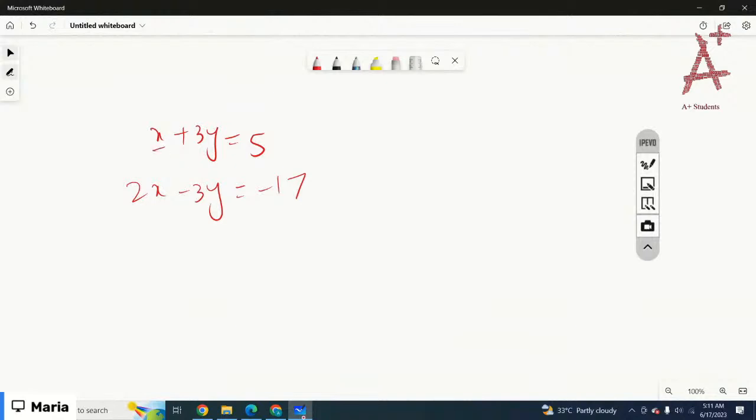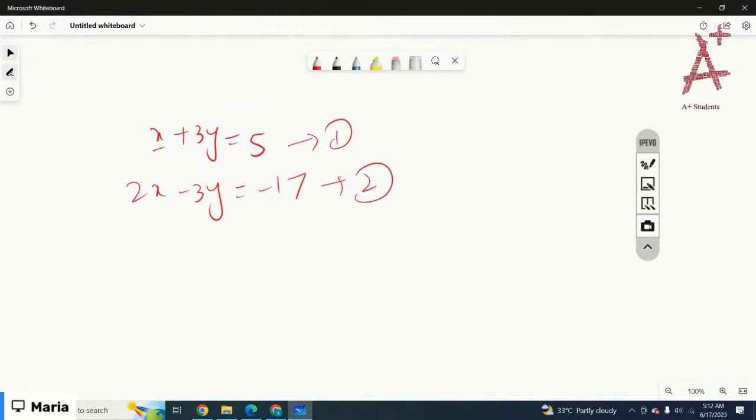Let's find the value of the variable x from this equation. This is equation 1 and this is equation 2. Let's find the value of x from equation number 1, and then we'll substitute that value in equation number 2. So x equals 5 minus 3y.